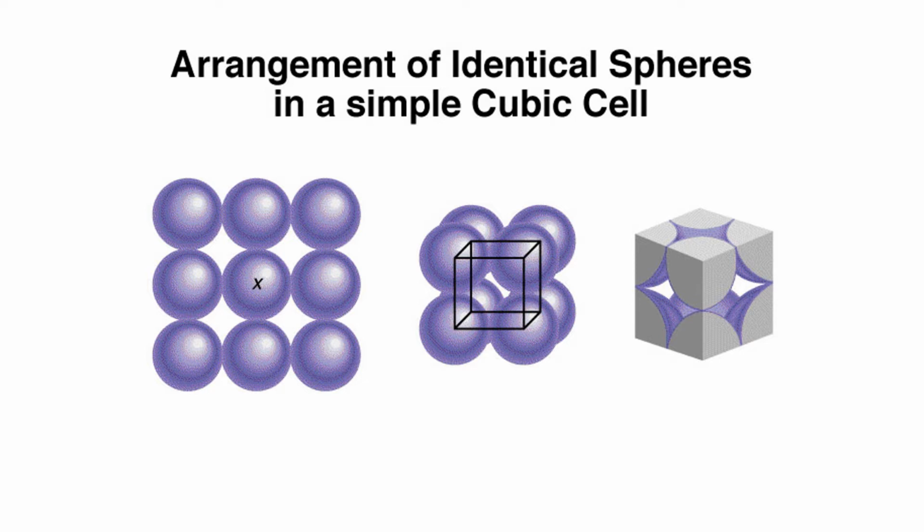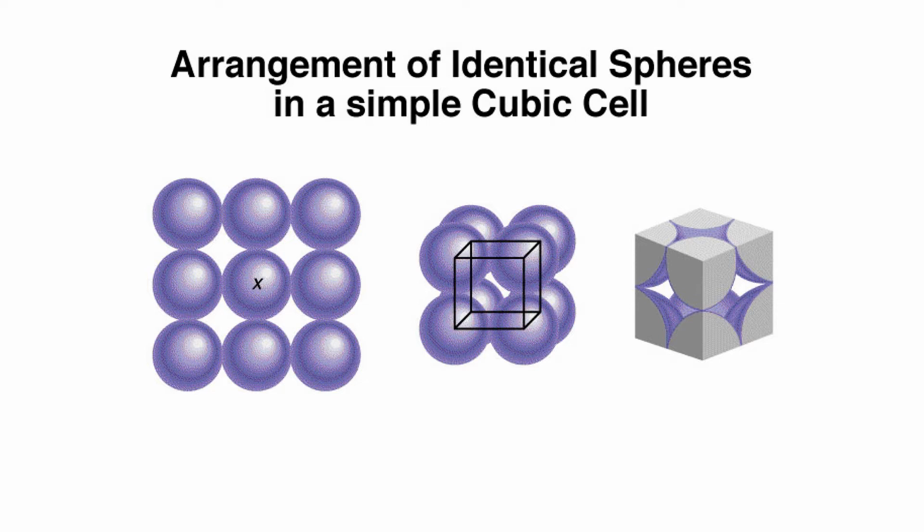Well, I counted the 8 atoms, ions, or molecules. So these are all at the corner of this cubic cell, and this tries to represent or show you what portion of that atom, ion, or molecule is actually within the unit cell.